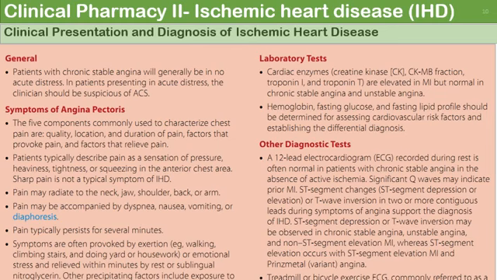The pain may radiate to the neck, jaw, shoulder, back or arm, especially the left side. The pain may be accompanied by dyspnea, nausea, sometimes vomiting or diaphoresis. The pain duration may last several minutes, and it is relieved by sublingual nitroglycerin or reduction of physical activity.